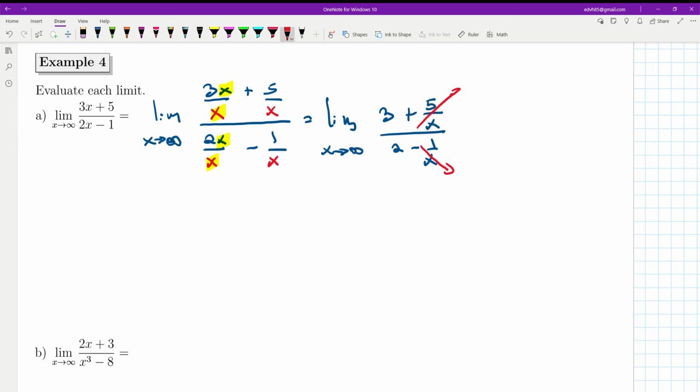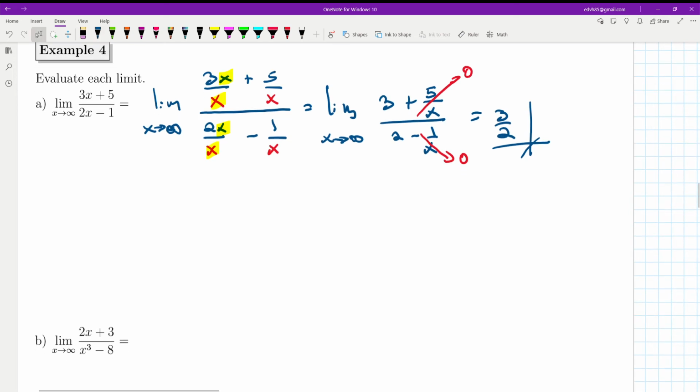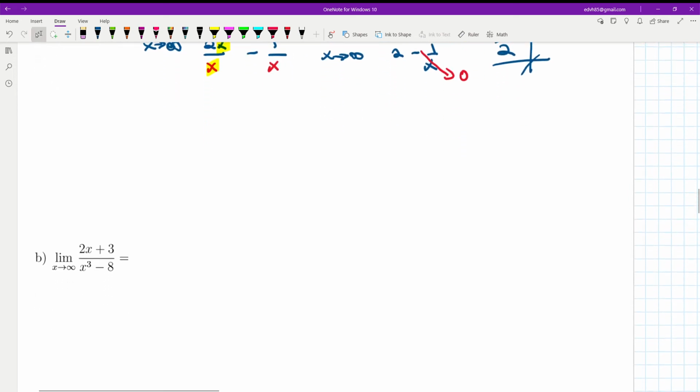When you divide 5 by infinity, you're dividing a number by an infinitely large number, eventually getting a 0 here and a 0 there. The terms that survive are 3 halves, and that's the limit. Of course, we are going to backtrack to these examples when we finish this, and that's why I have extra space here.